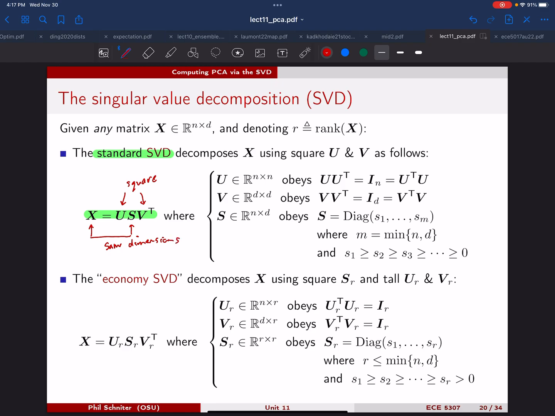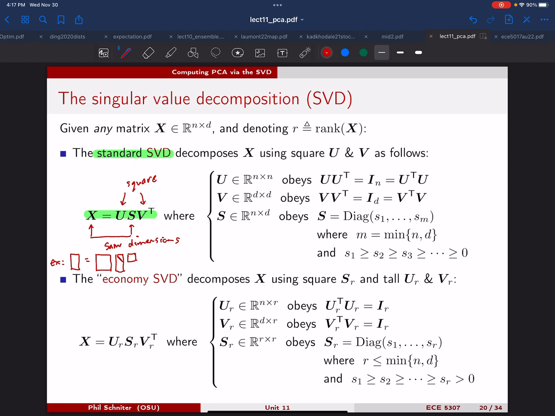Okay, so just to give you an example, let's say that X is tall. Then you're decomposing it into a square matrix of the left dimension times a diagonal matrix of the same size as X times another square matrix that has the column dimension. That's how we're decoupling it.